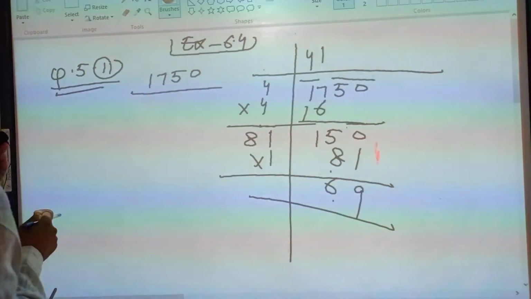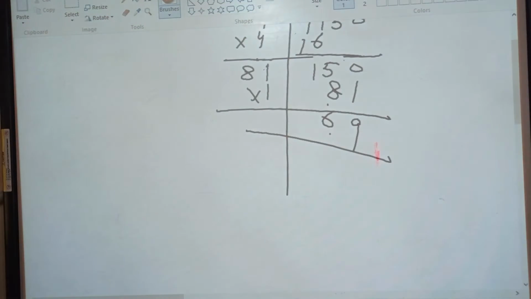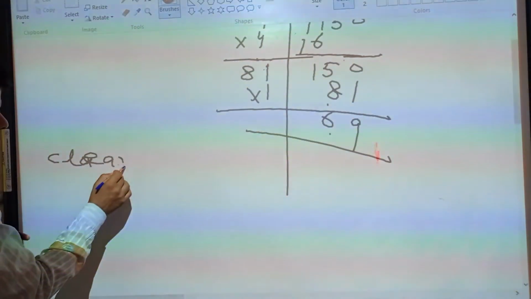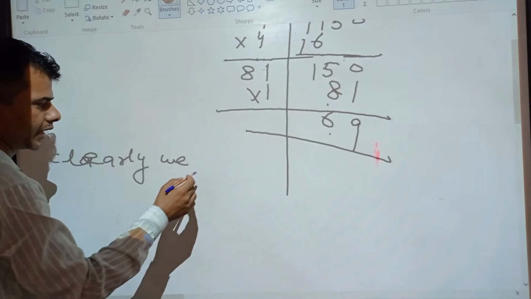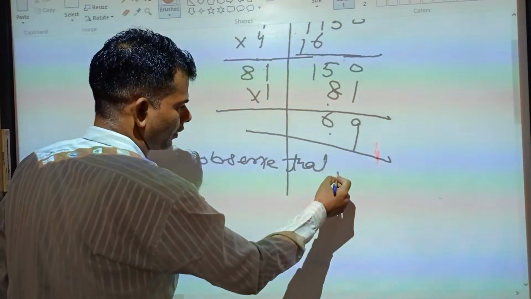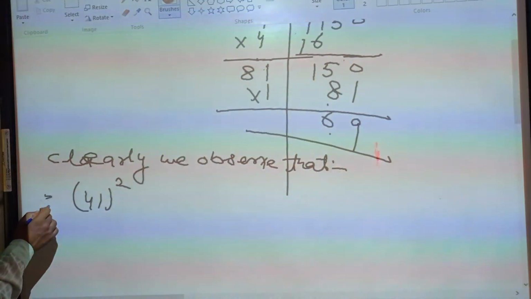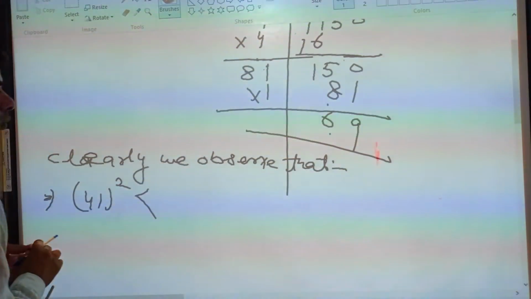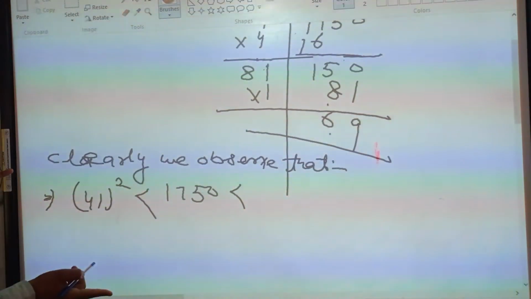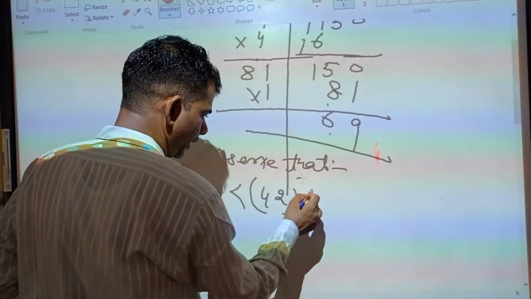Clearly we observe that 41 square is less than 1750, and 1750 is less than 41 plus 1, that is, 42 square.